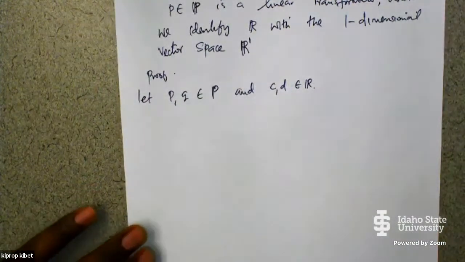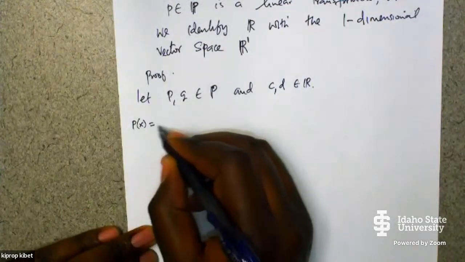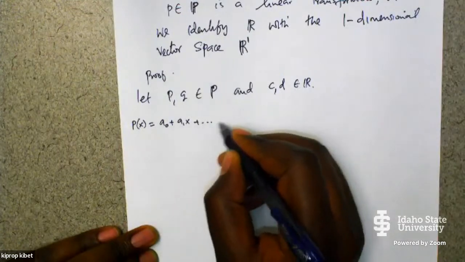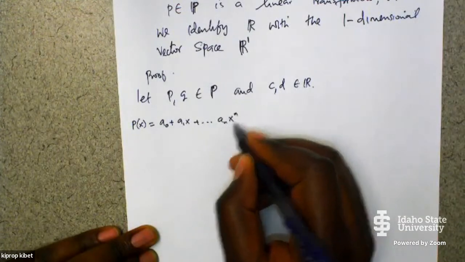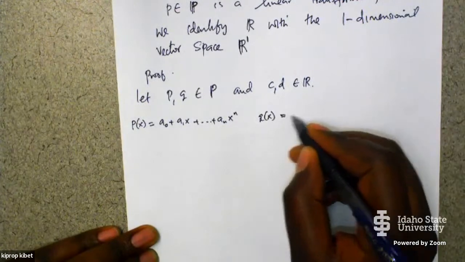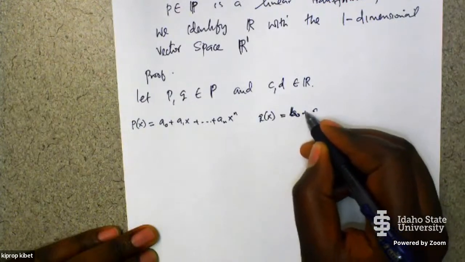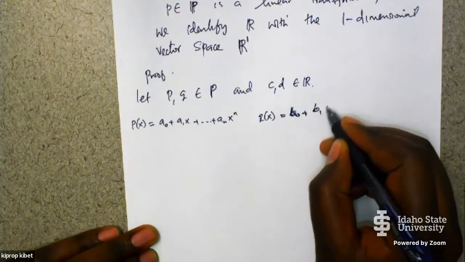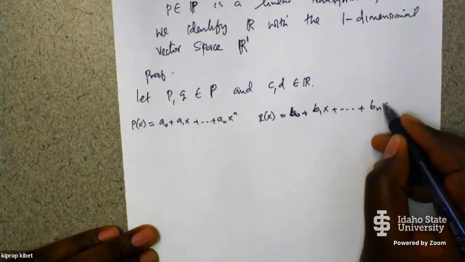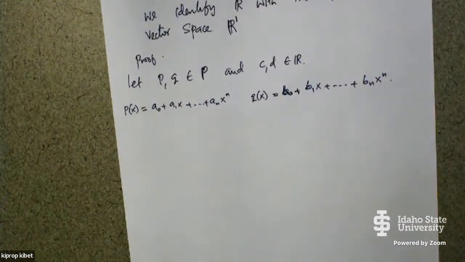Then we can take our p(x) to be equal to a naught plus a1 x plus up to an xn, and our q(x) to be equal to b naught plus b1 x plus the last one, bn xn. Okay, so we do it the same way.